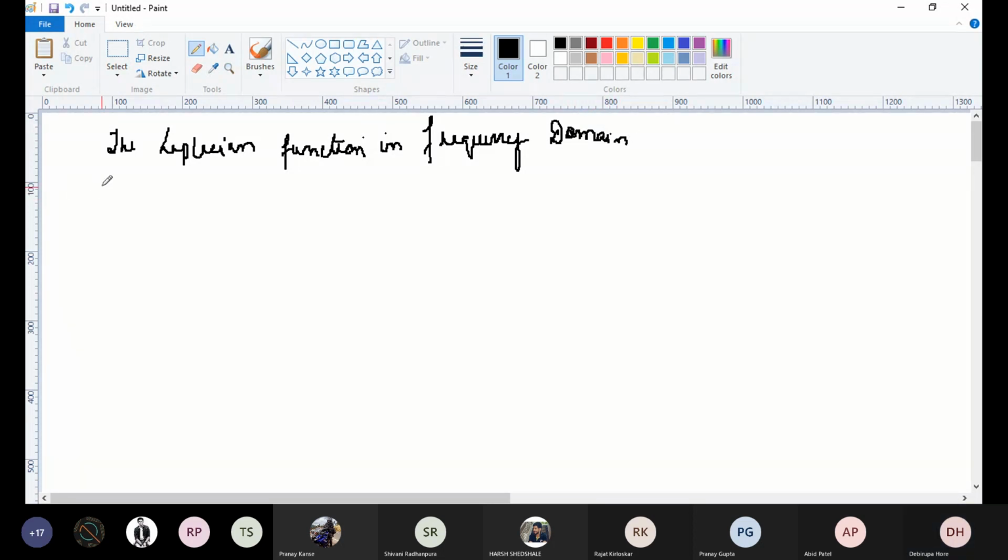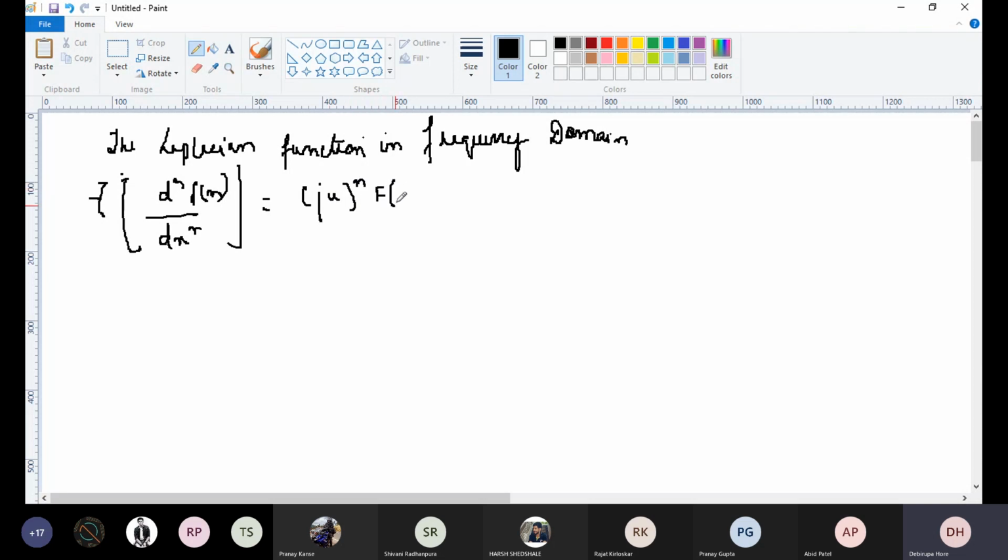Now we know that the Fourier transform of d to the power n of f of x by dx to the power n is equal to (ju) to the power n times F of u.